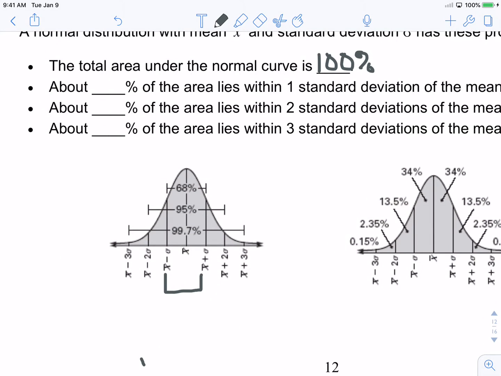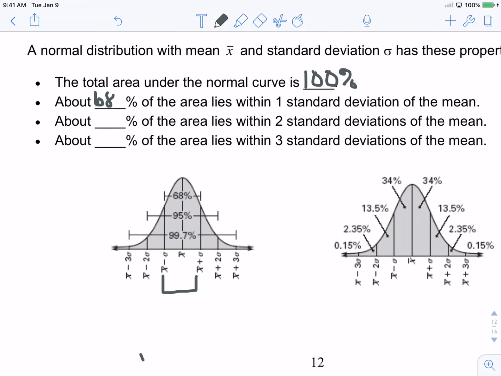You have that little x minus theta, so you're moving left 1 standard deviation, and x plus theta, you're moving right 1 standard deviation. And that is 68% of the data, and you can see that it's labeled there as well. So 68% of our data is supposed to be within 1 standard deviation of the mean. The majority of it should be pretty much around the middle of the graph.